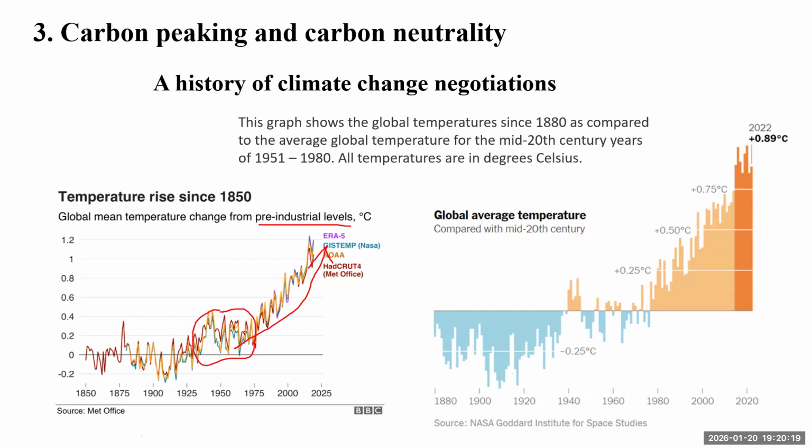But since the 1970s, even Hong Kong and some other regions experienced rapid development, urbanization, and industrialization. Therefore, since the 1970s, there is a sharp increase of our global mean temperature.